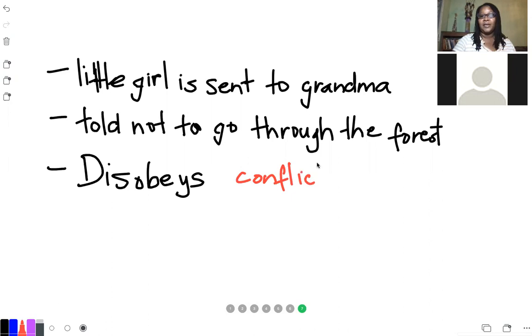And look at the conflict here. This is conflict with others. She was told not to go through the forest, but she disobeys. She makes a choice. Remember, we spoke about making a choice in the first part.